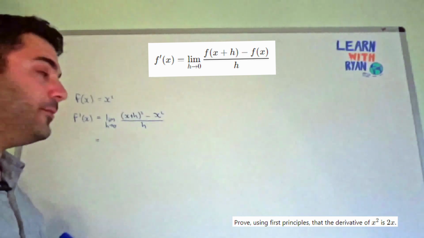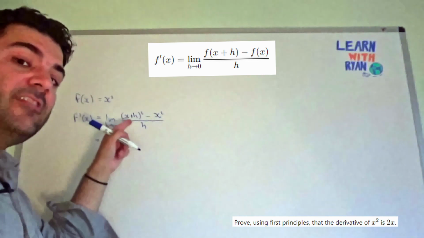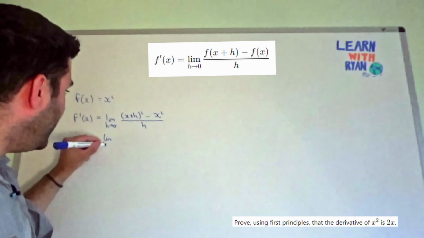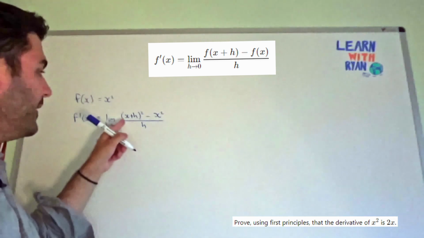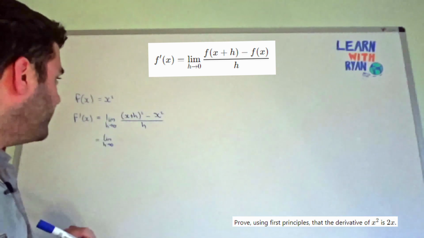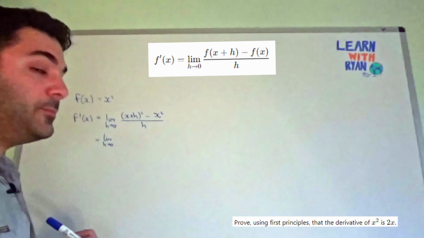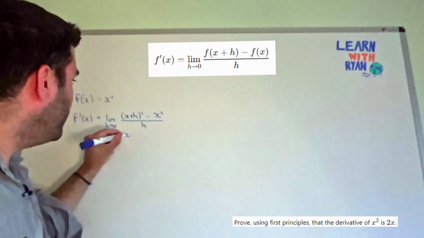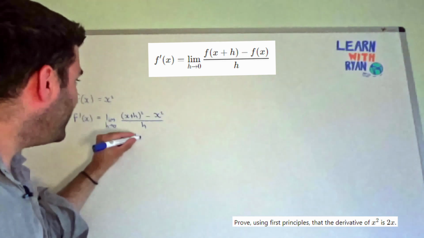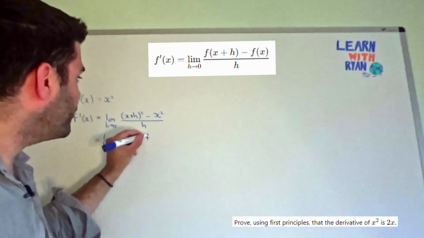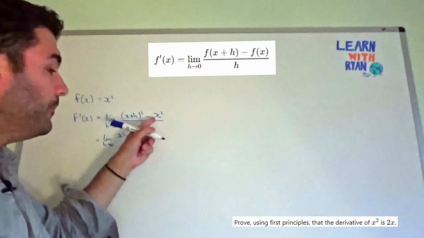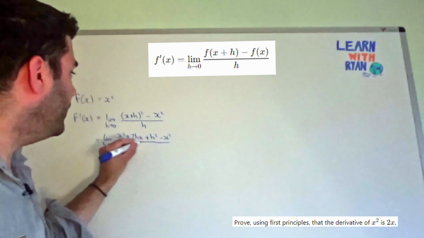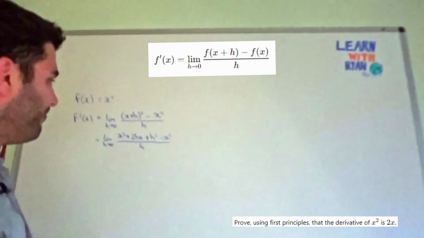So what we can do now is expand the brackets on the top. So we've got the limit of h tending towards 0. Now you can check this yourselves, but I'm just going to do this quickly. Expanding x plus h squared, what I'm going to get is x squared plus 2hx plus h squared, and then I'm subtracting x squared, and that's all over h.